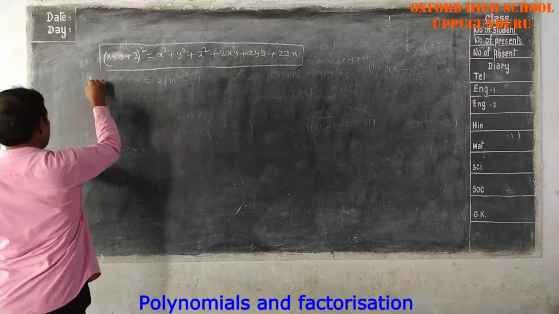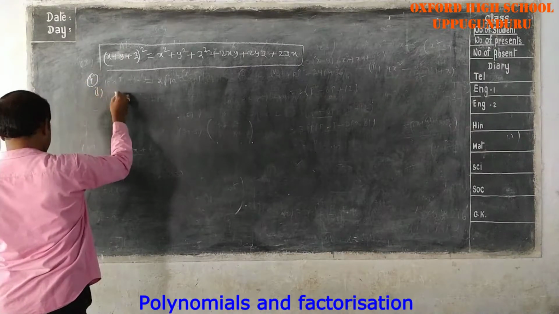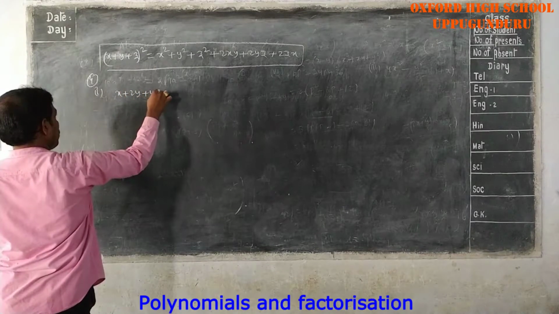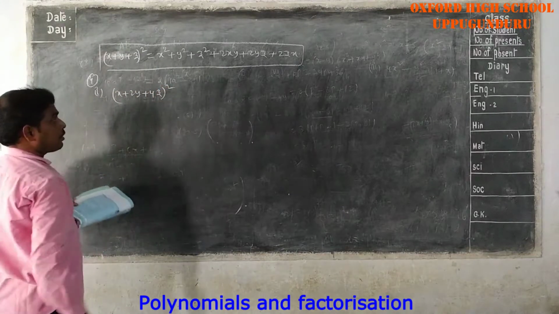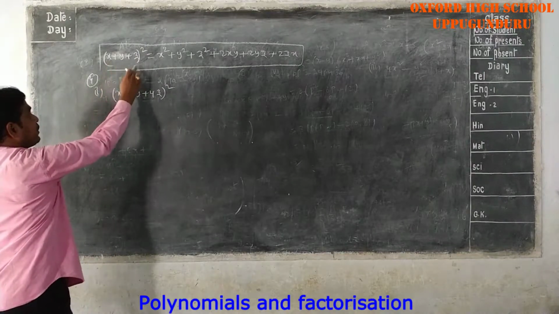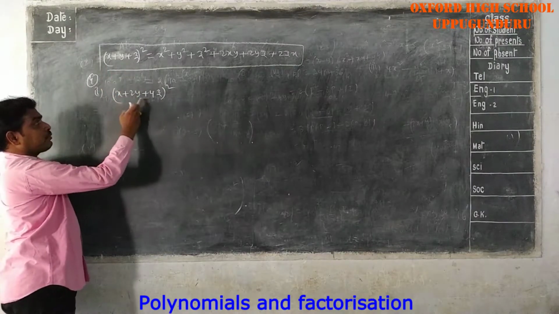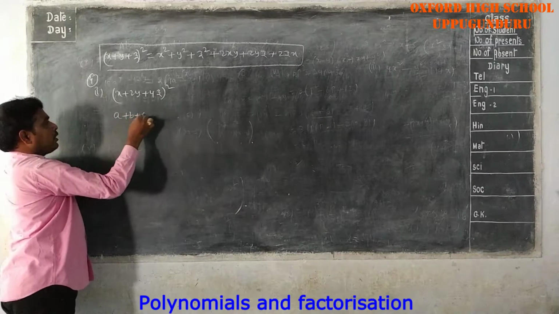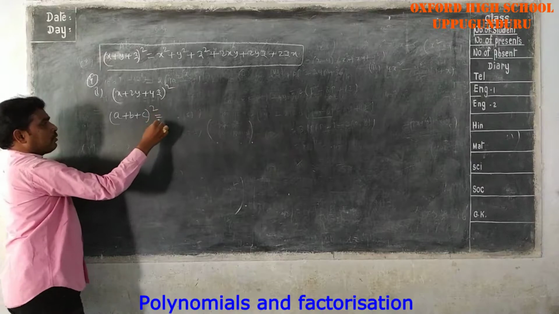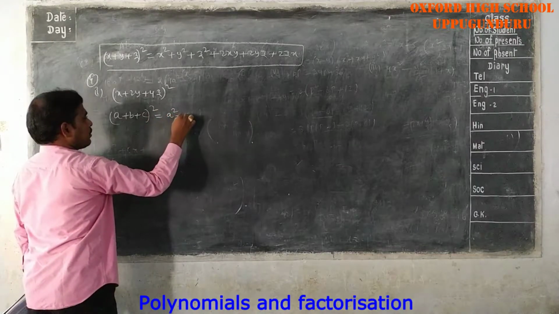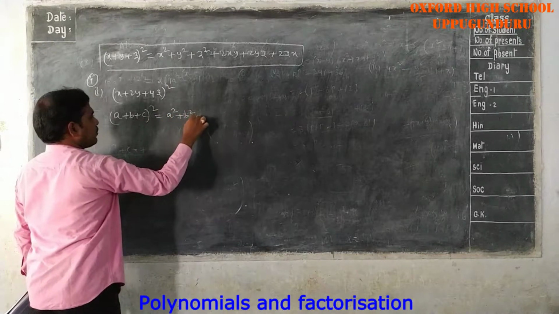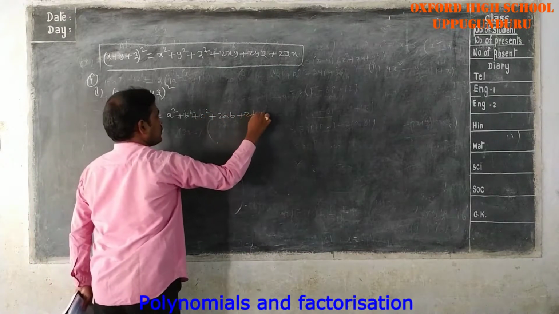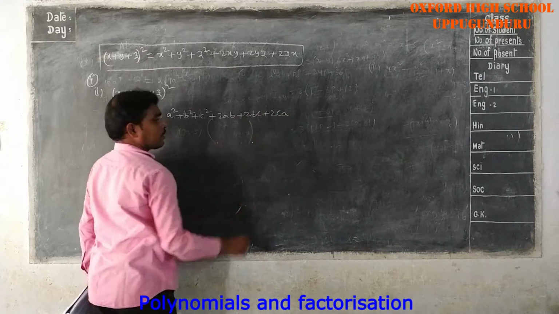Fourth problem, first problem. x plus 2y plus 4z whole square. Here the problem is in terms of x, y, z, that's why I am taking a plus b plus c. a plus b plus c whole square equal to a square plus b square plus c square plus 2ab plus 2bc plus 2ca.